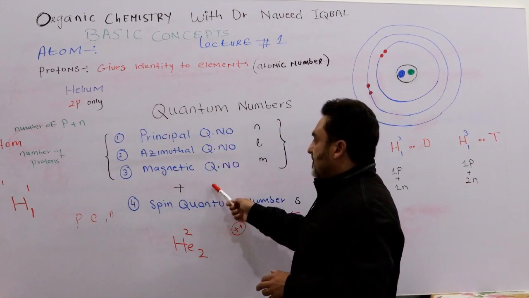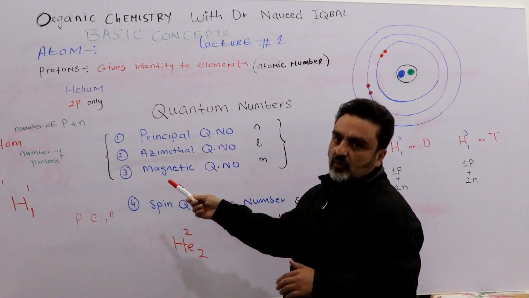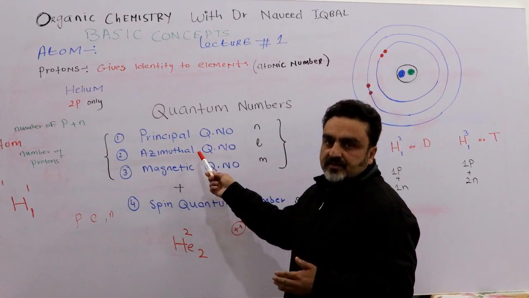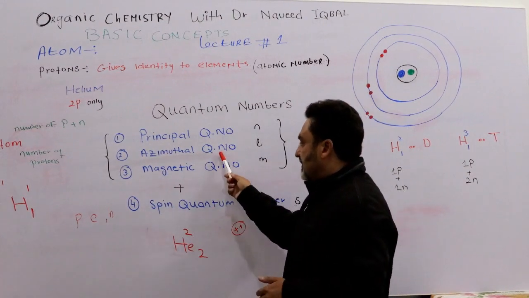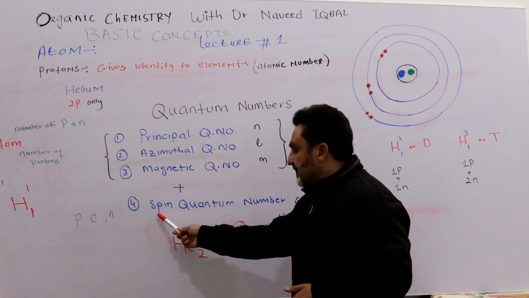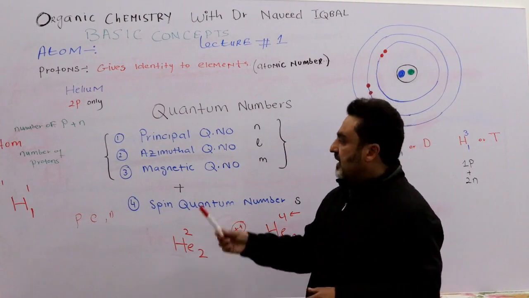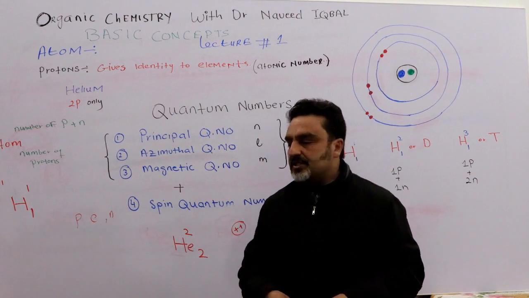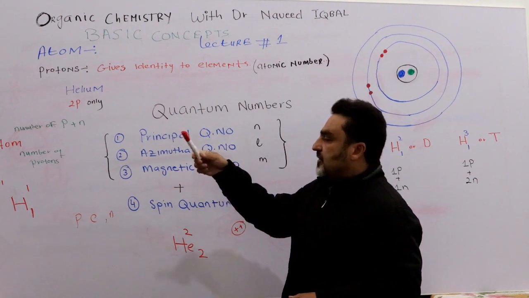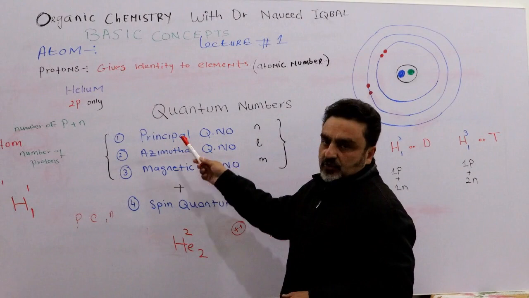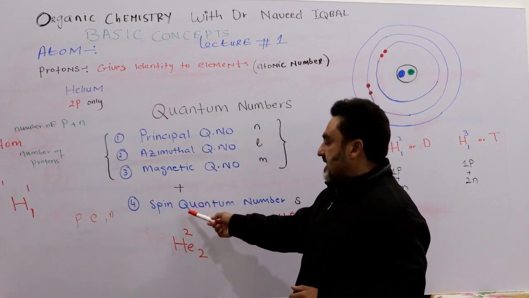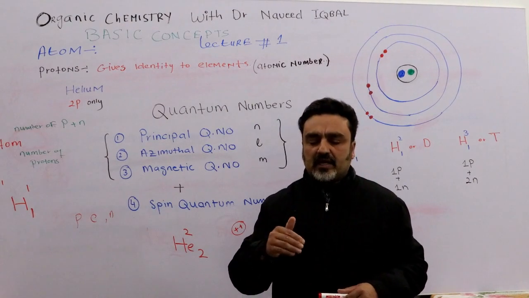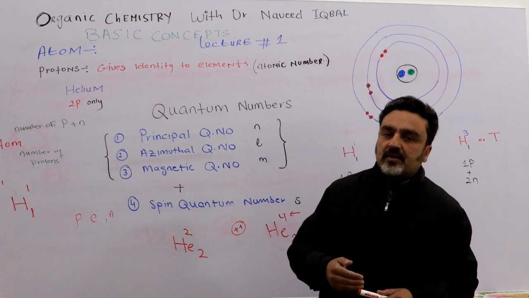These quantum numbers are the principal quantum number, the azimuthal quantum number, also called the orbital quantum number or angular momentum quantum number, the magnetic quantum number, and the fourth one, the spin quantum number. You might not have studied the Schrodinger wave equation. These are the outcome of the Schrodinger wave equation, but we should not study it; I don't want to complicate the matter.